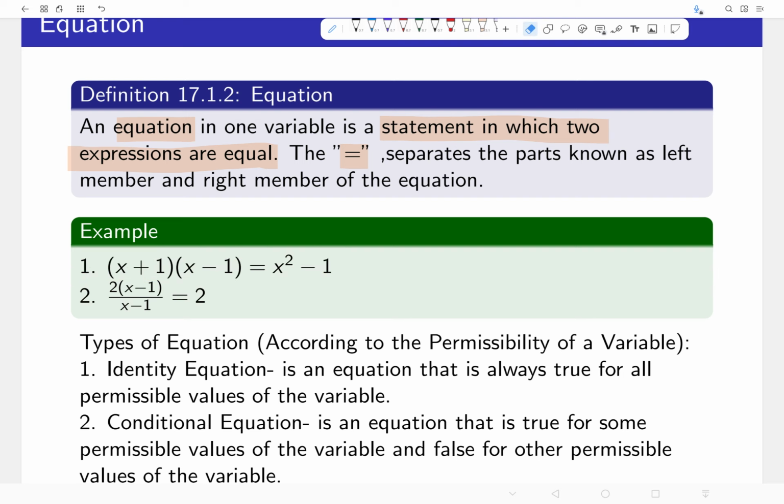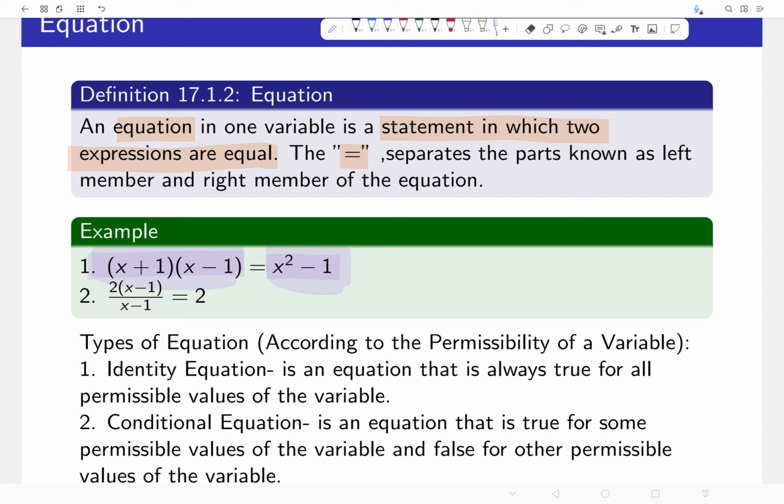So it expresses the equality of two expressions, this one and this one, which means that this expression is equal to this expression. Later we will find the value of that unknown or variable that will make our equation true, meaning the left will be equal to the right for the number or numbers that we substitute.